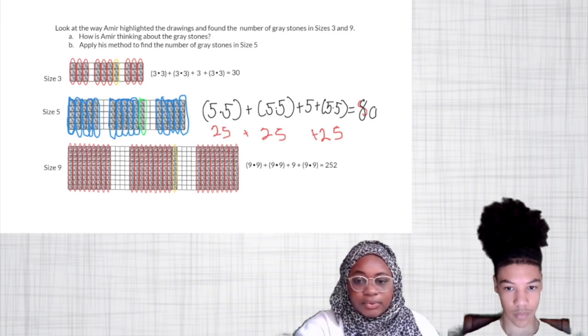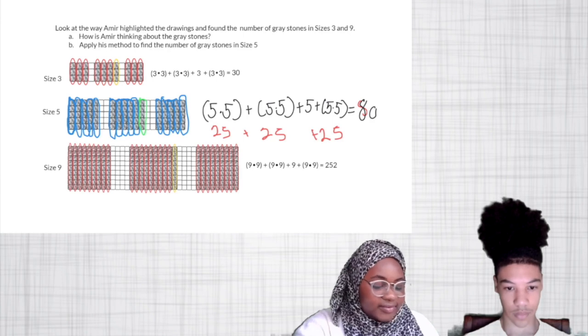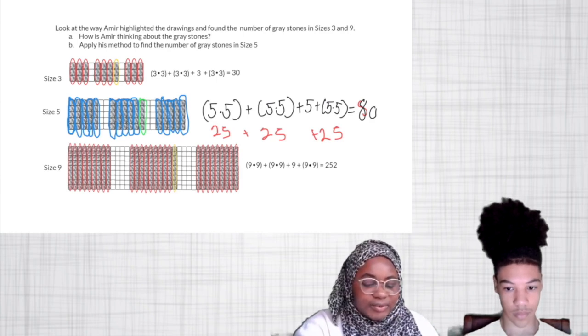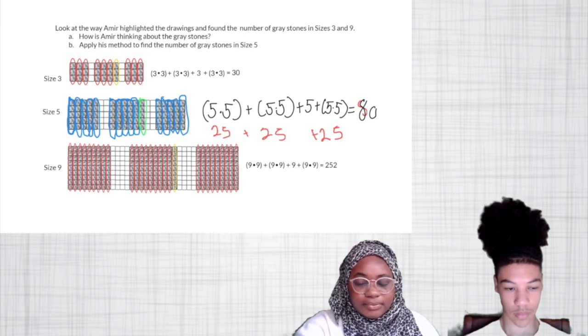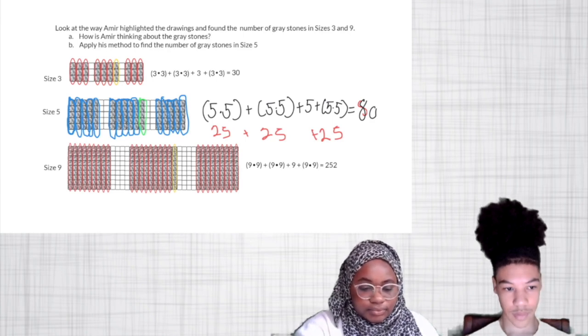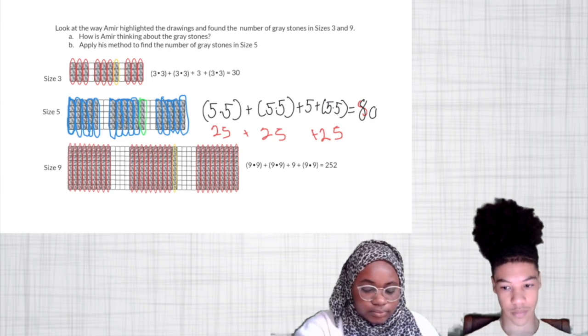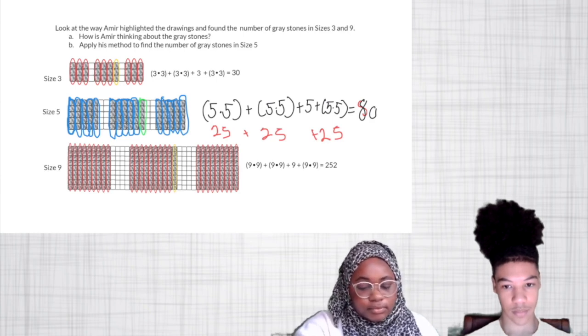I think of 5 groups of 5, or 5 times 5. Okay. And ET, was that how you were thinking of it also, 5 groups of 5? Yes. And the groups here are the columns, is that right? Yes.